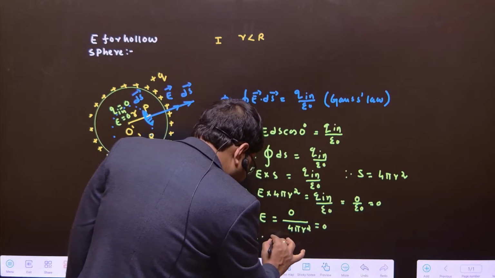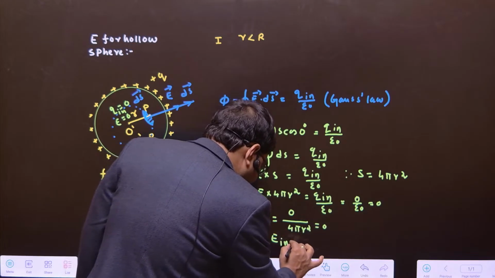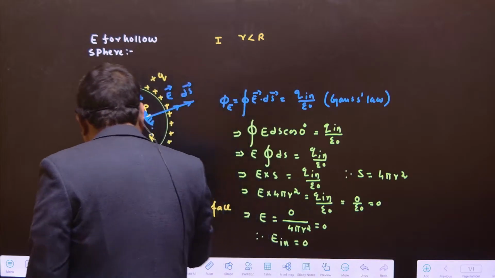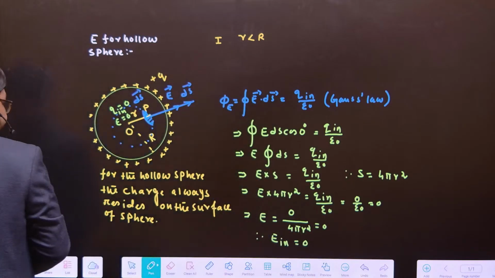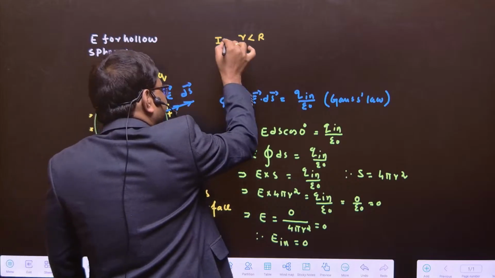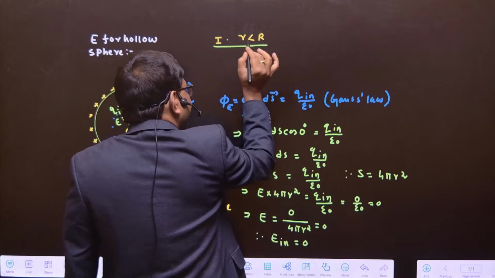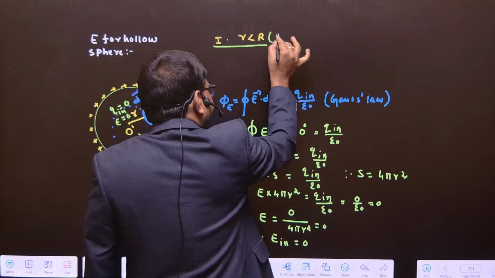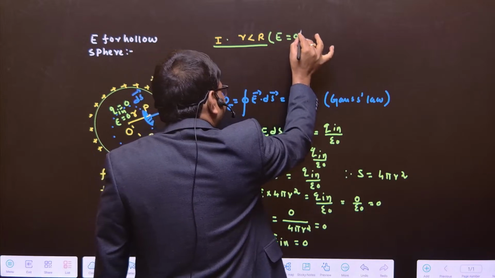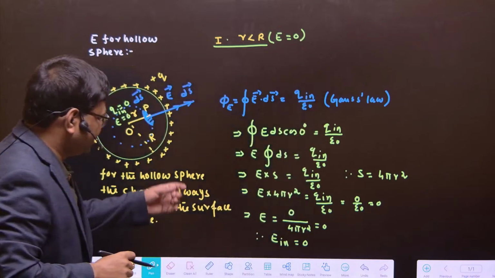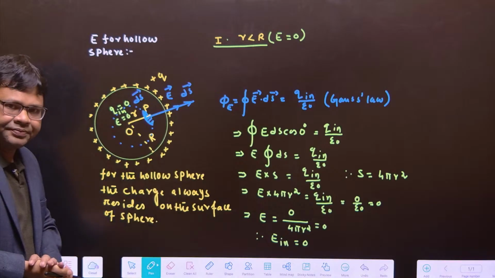Therefore, the electric field inside, E in, is equal to 0. So for the hollow sphere, in case number one, r less than R, the electric field is 0. Have you understood? This is with the help of Gauss theorem.